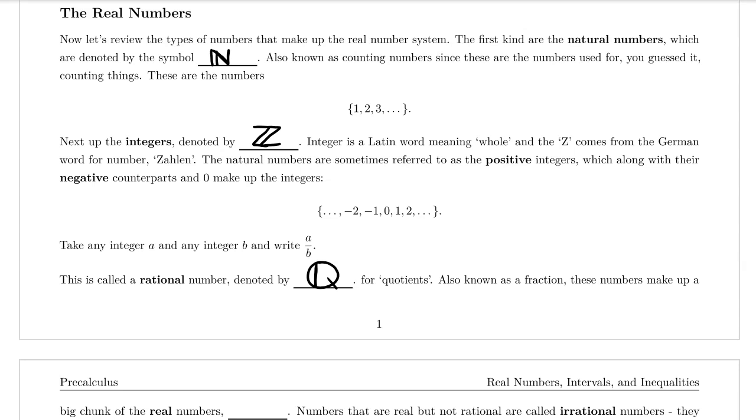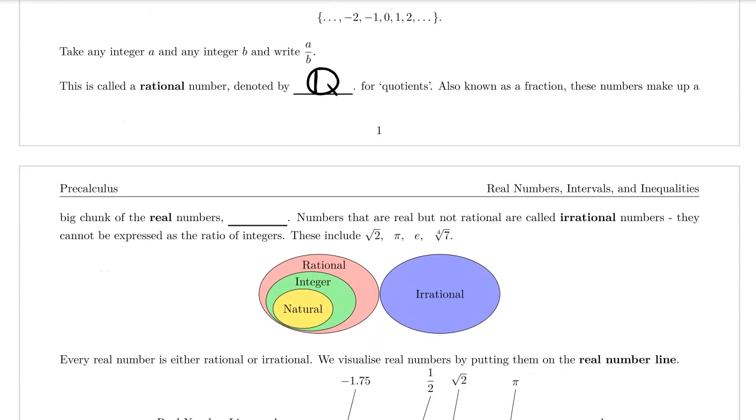Also known as fractions, these numbers make up a big chunk of the real numbers. And the real numbers are denoted by a capital R with an extra vertical bar. Numbers that are real but not rational are called irrational numbers. They cannot be expressed as the ratio of integers. Some examples of irrational numbers include the square root of 2, pi, e, and the 4th root of 7.